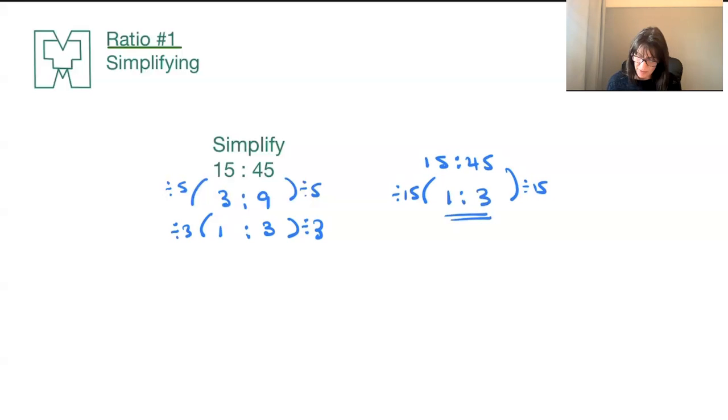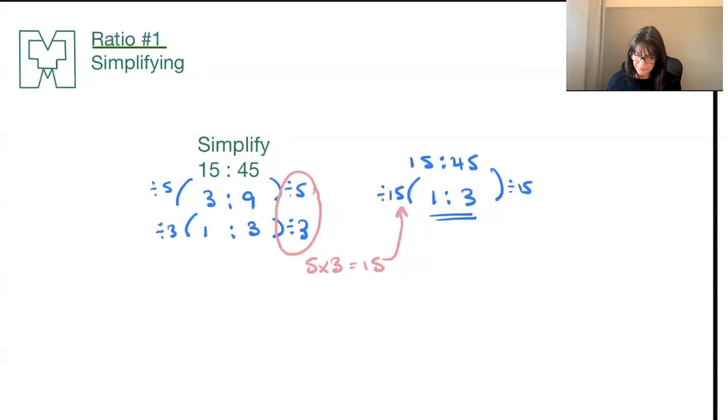And you may note here we divided by 5 and then divided by 3. 5 times 3 is equal to 15, which is what we divided by there. So we just broke up that divide by 15 into 2 steps. So that's your simplifying, generally 1 mark in a GCSE.